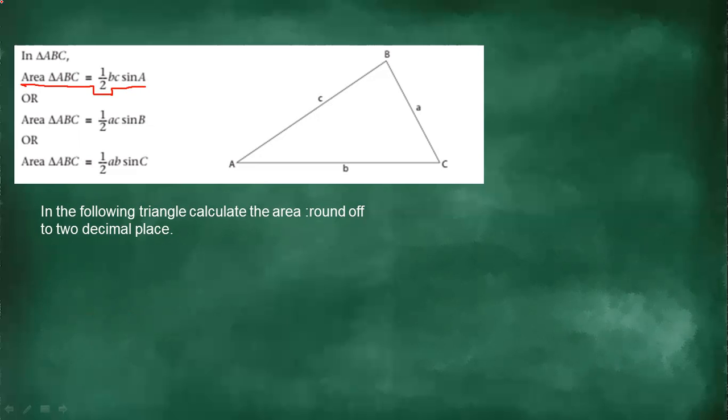The first one says area of a triangle ABC is equals to 1/2 BC sine A. Meaning, if this is this area, it says 1/2 B small c. Remember, we have small b, small c.